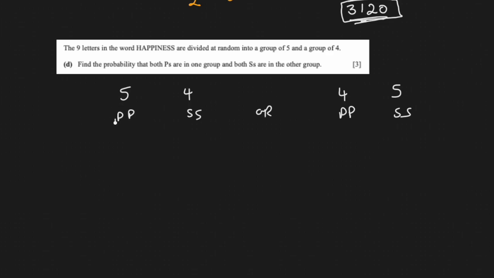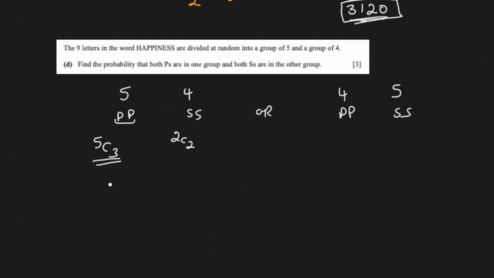So now we want a group of 5 here. PPs are already here. We need to select the remaining 3, because the S's are in the other group. So we have to select 5C3 in this case, and then we have to select the remaining 2C2, which is 1, so there's no point of this.